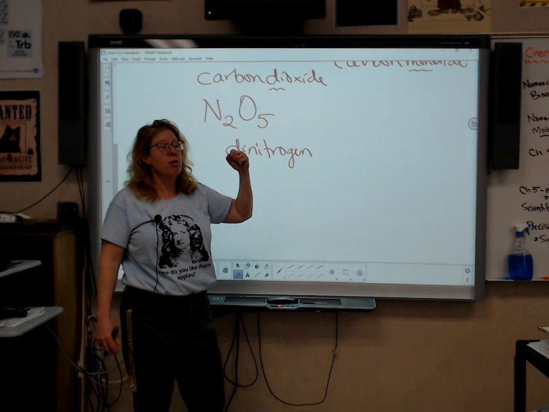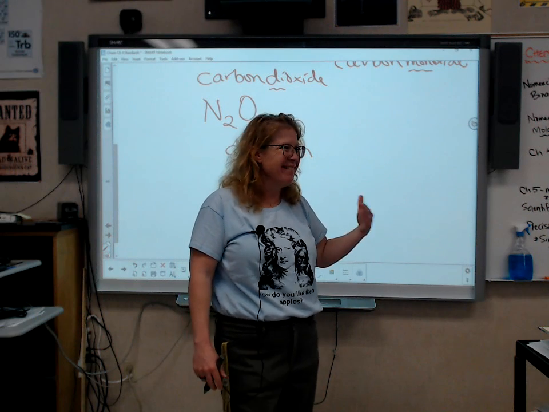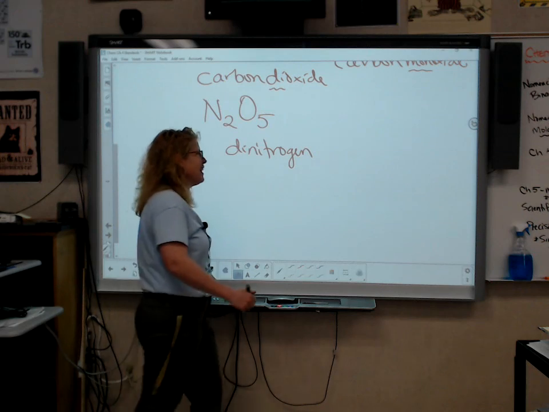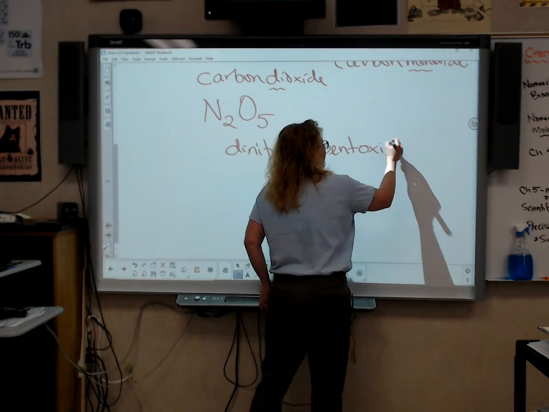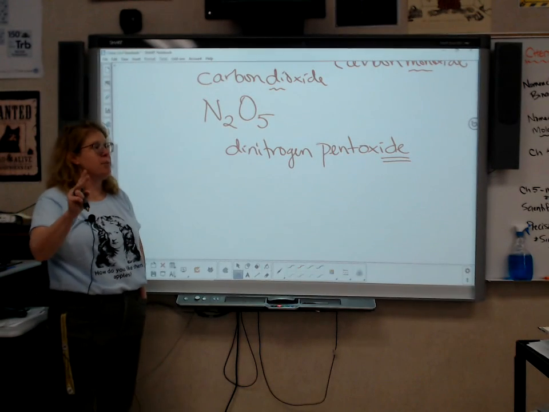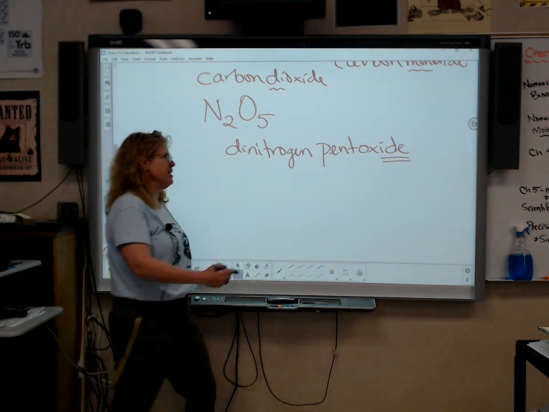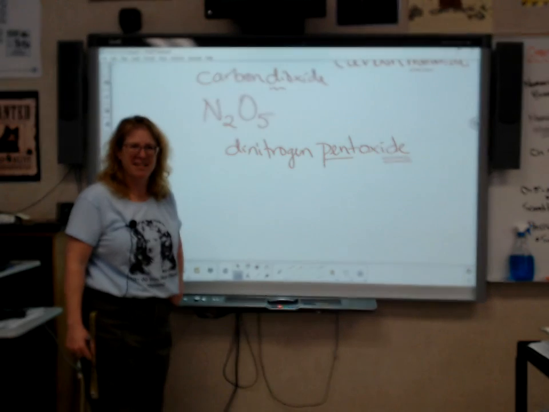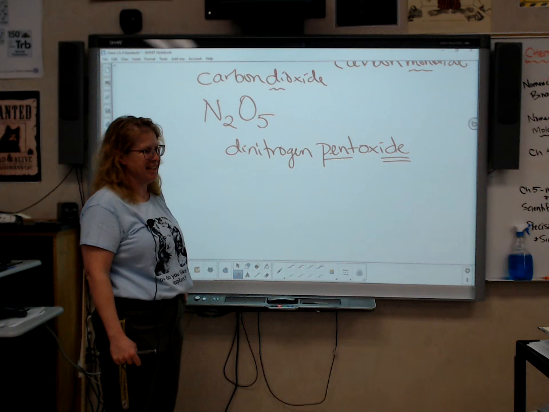So geometry class. No, not Spanish class. Geometry class. Nice try. Latin. That's cinco. Penta, like a pentagram, right? P-E-N-T. And again, we still change our ending to IDE. IDE means there are 2 elements present, so they're still binary. So dinitrogen pentoxide. Definitely kind of a weird looking thing, isn't it?